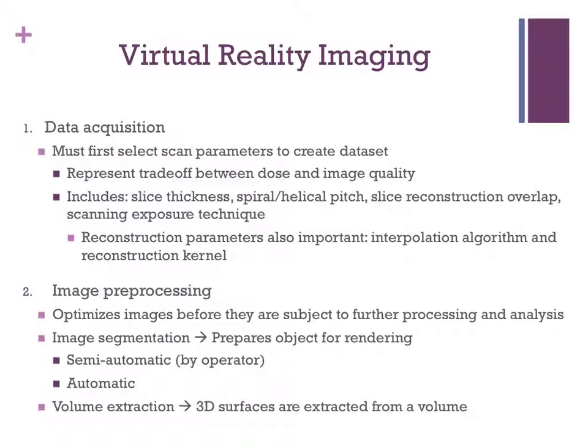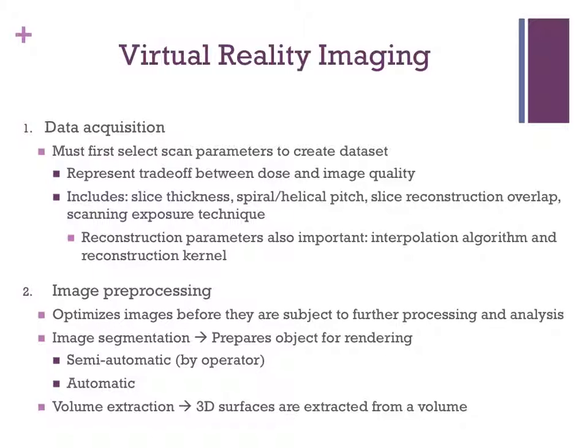Data acquisition is the first step in virtual endoscopy imaging, and the tech must carefully select the scan parameters to be used for creating the data set. The parameters represent a trade-off between dose and image quality. Image preprocessing is the next step after data acquisition, and it is intended to optimize images before they are subjected to further processing and analysis.